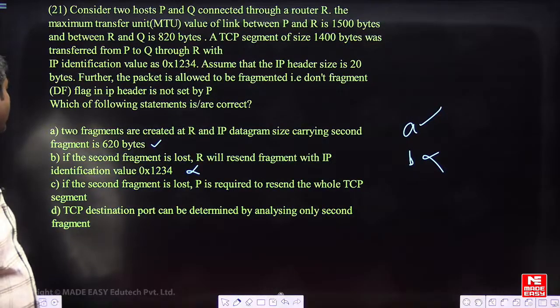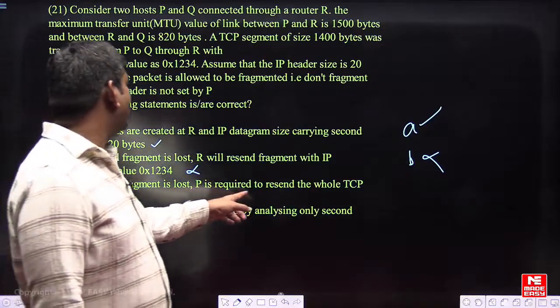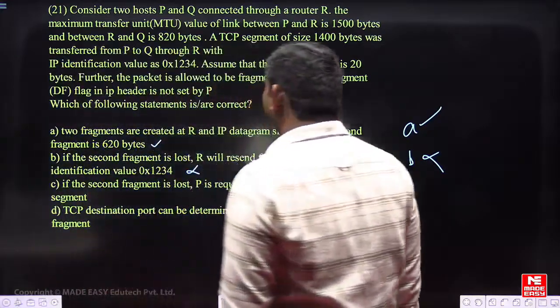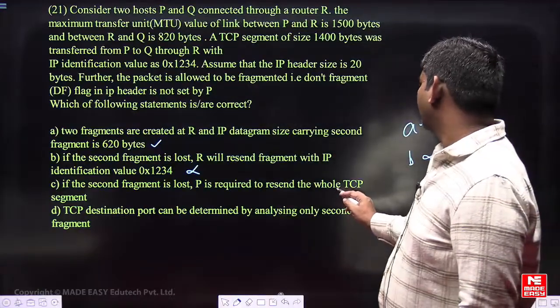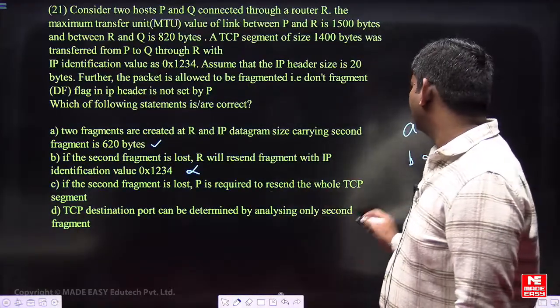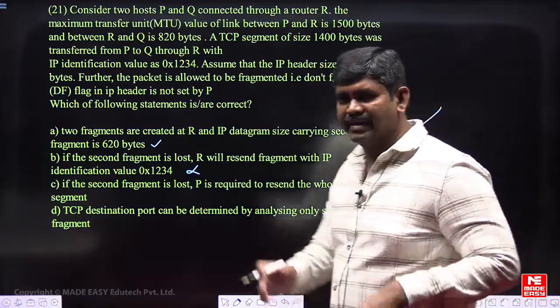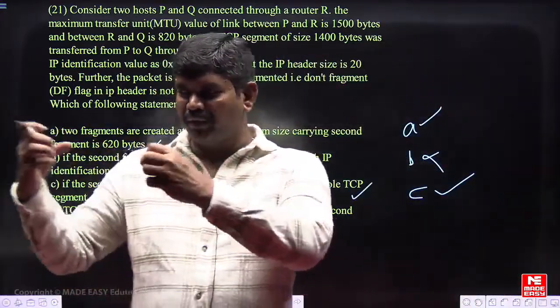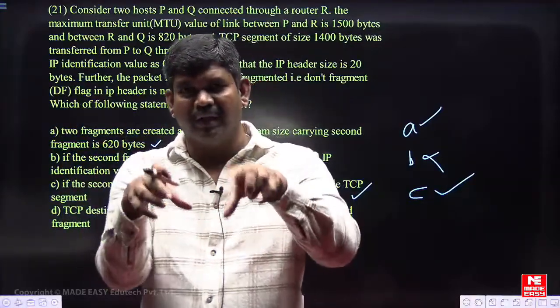Now, if you go for option C: if the second fragment is lost, P is required to resend the whole TCP segment. So this is true, we can say. Why is C true? Basically, the packet you transmit from the source is divided into fragments in the network.